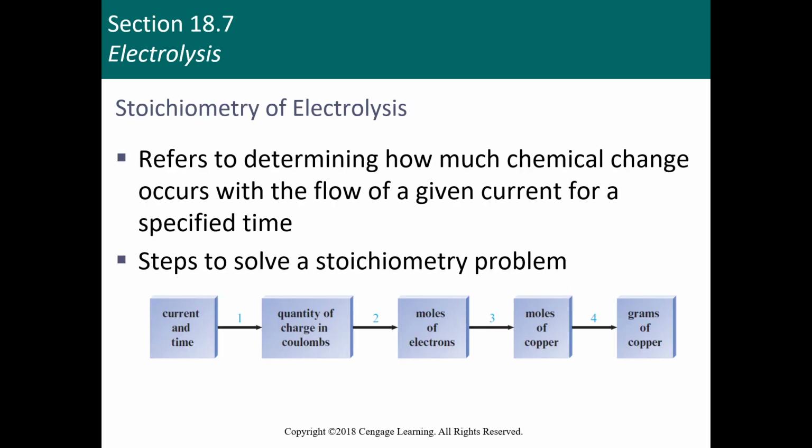So this refers to determining how much chemical change occurs with the flow of a given current for a specified time. Your steps to solve a stoichiometry problem start with the current and time. That will give you the quantity of charge in coulombs, because the current measures how many electrons are moved.